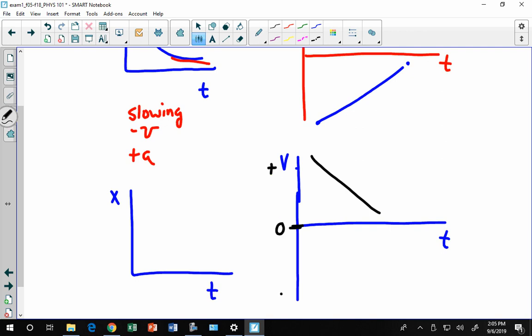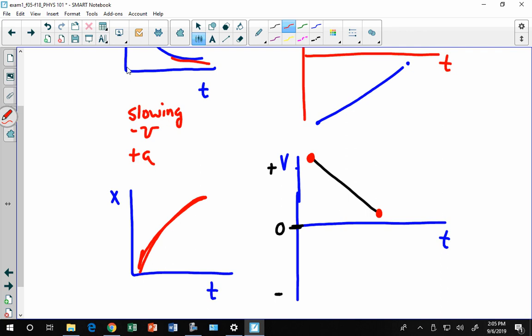This is positive. This is negative. And so right here, that's a big positive velocity. So initially, your graph is going to have a big positive slope, like that. And then down here, it's going to have a small positive slope. So my graph will look like that.